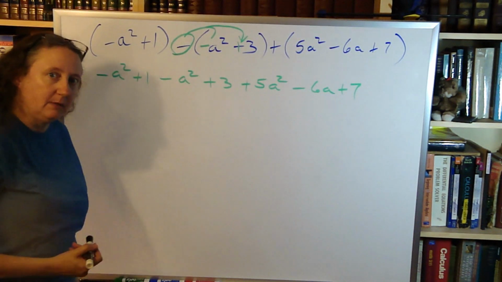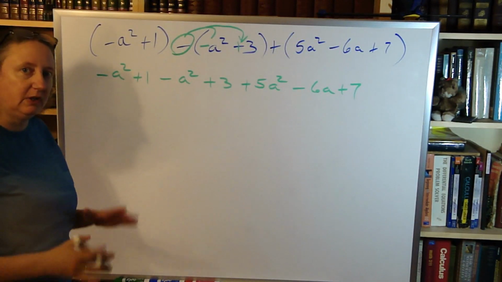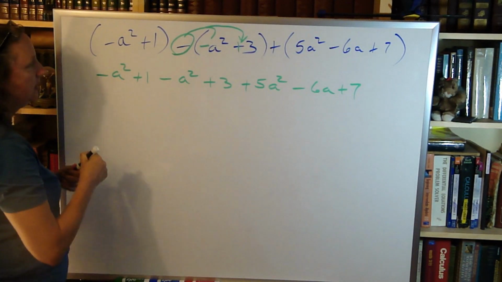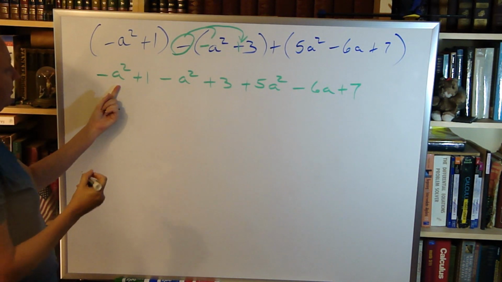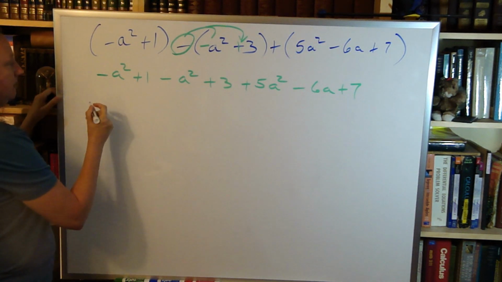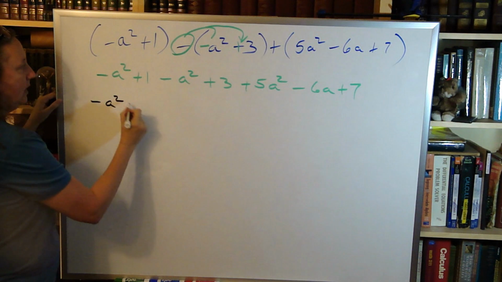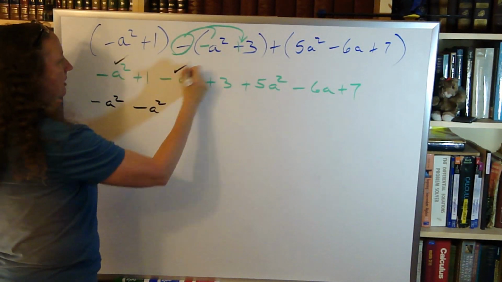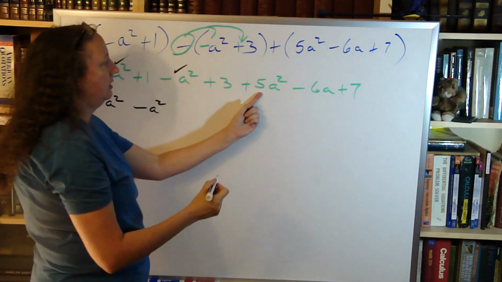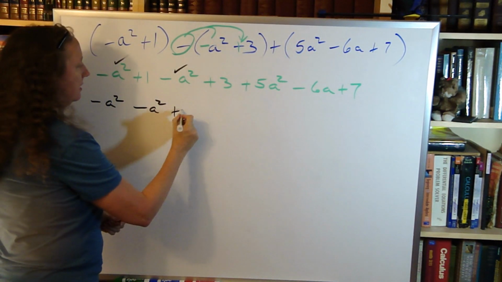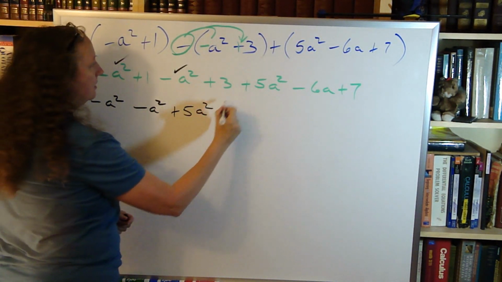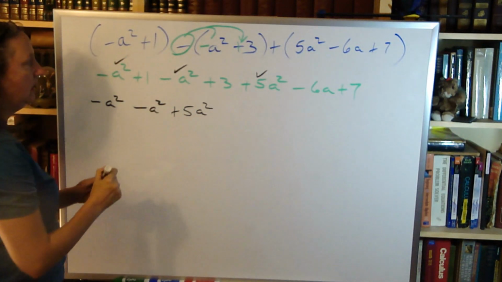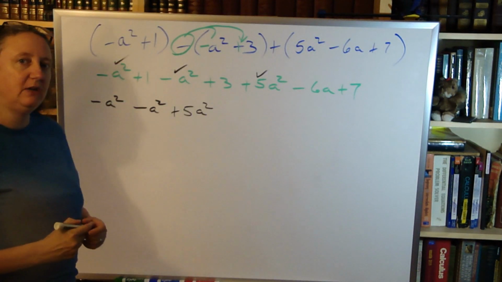I'm going to line up my like terms. This is a step you can skip if you're advanced enough. I have an a squared term, so I'm going to line up all of my a squared. Minus a squared, done. Minus a squared, done. Plus 5a squared, done. Anything with just an a to no exponent?